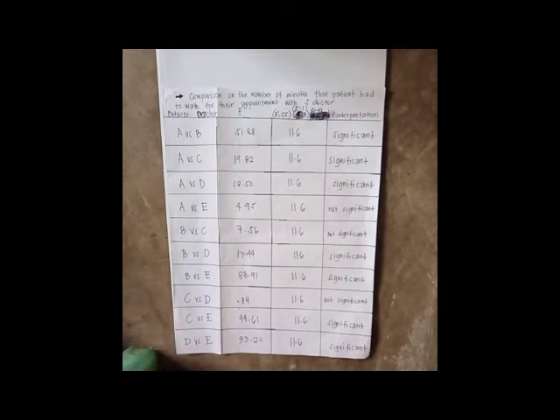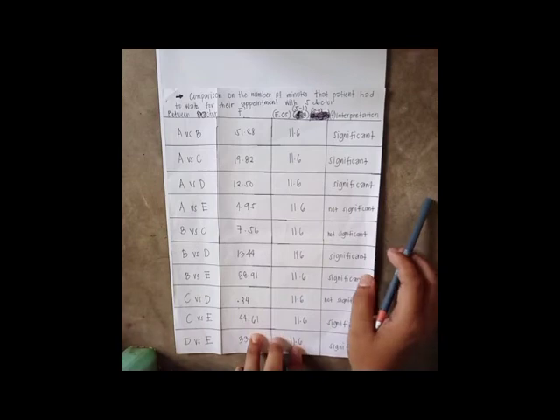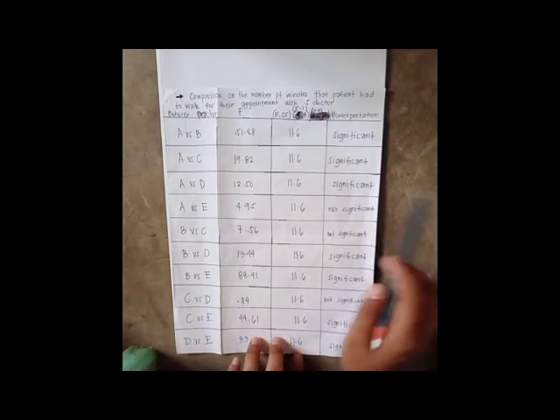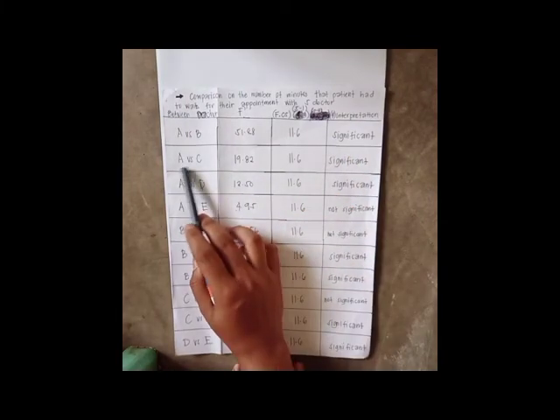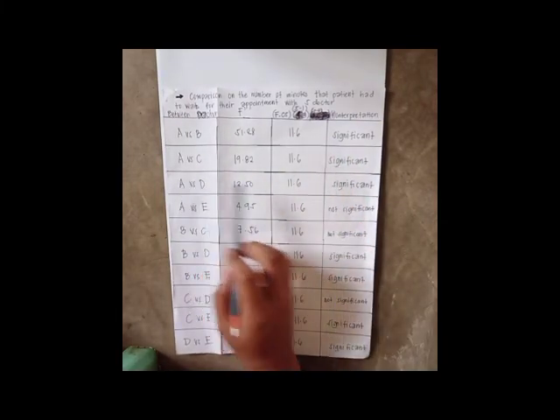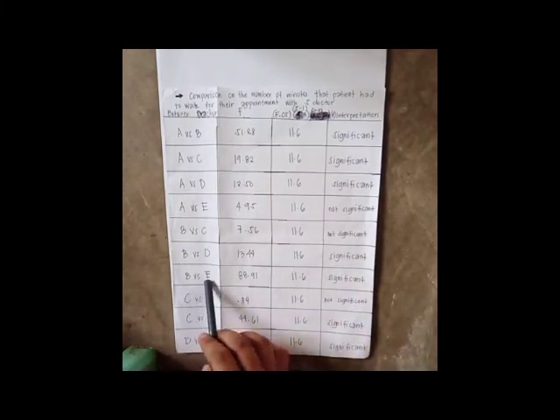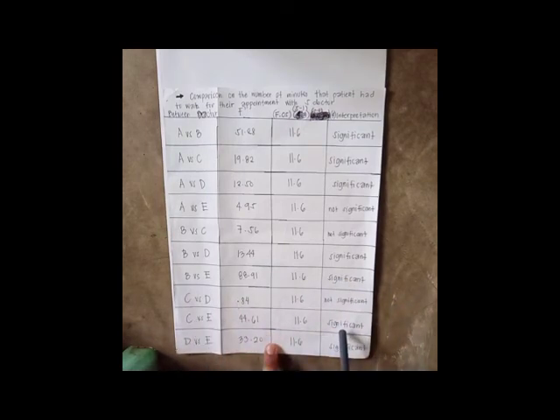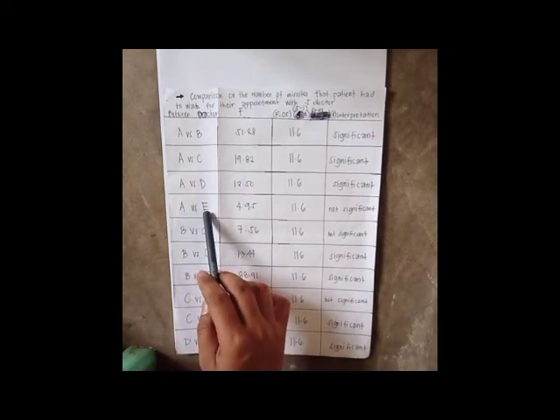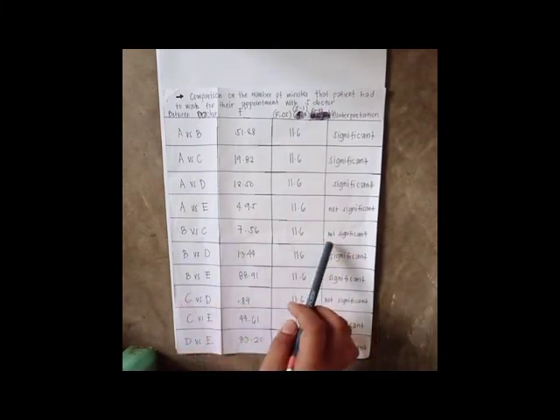In conclusion, there is significant difference between the doctors of A versus B, A versus C, A versus D, B versus D, B versus E, C versus E, and D versus E. While our A versus E, B versus C, and C versus D have no significant difference in the number of minutes patients had to wait for their appointment with 5 doctors. So that is all. Thank you.